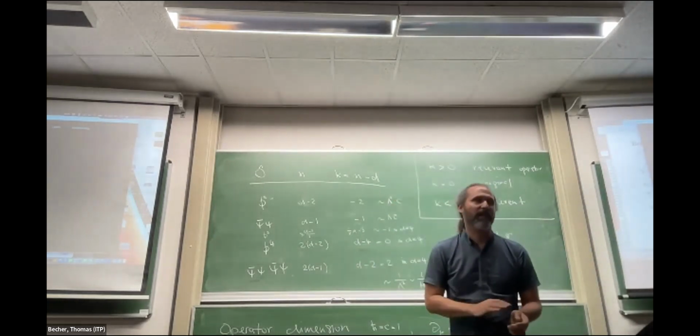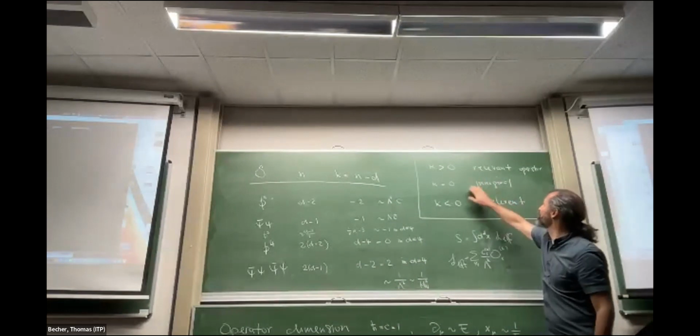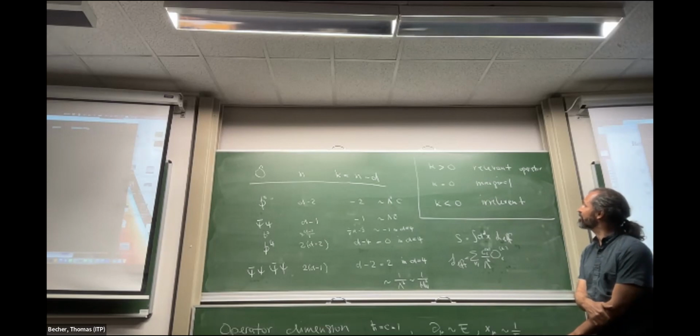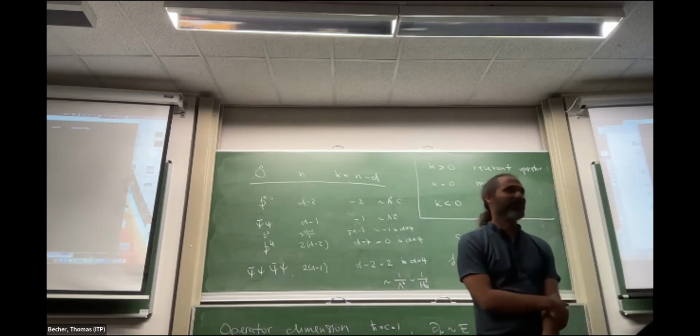So now, if you go to the standard model Lagrangian, then you can ask which of the operators in the standard model Lagrangian are irrelevant, which ones are marginal, and which ones are relevant. This is now a very advanced question.